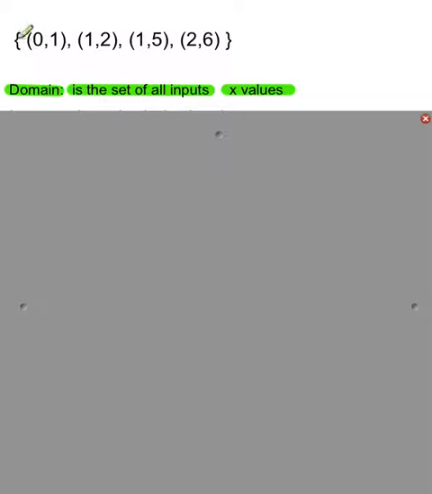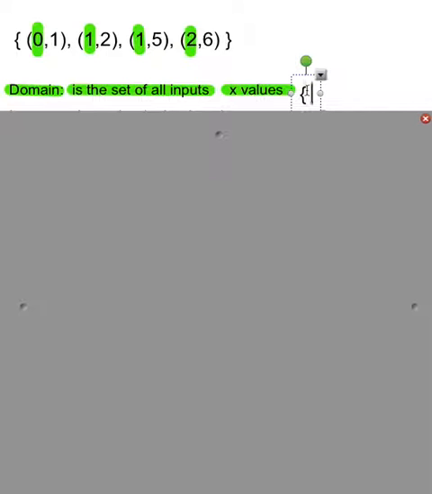So when I look at this relation right here, and I ask you, what is the domain? Well, I'm looking for all the x's. So in this ordered pair, I'm going to highlight my x value. I'm going to keep going until I get all of my x values highlighted. That's my domain.